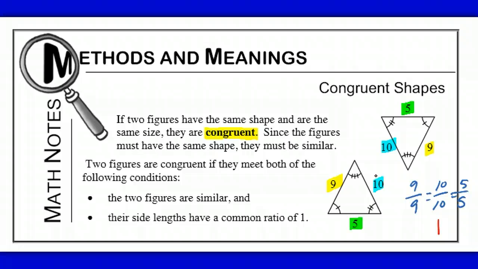Well, no. The reason that we know that the two are similar is when we look at the corresponding sides. So 10 is between these two angles that one's hashed with 3, one's hashed with 2. We come over here. 10 is also between the angles that are hashed with 3 and hashed with 2. So our corresponding congruent angles are also clues as to which sides correspond to each other.